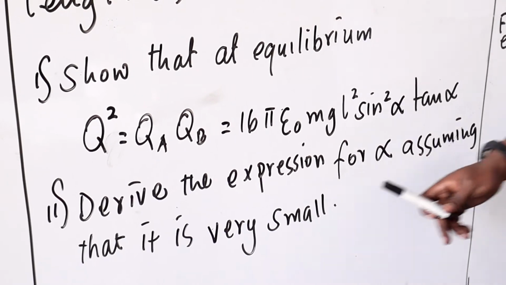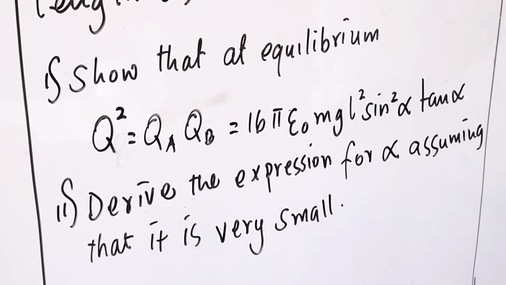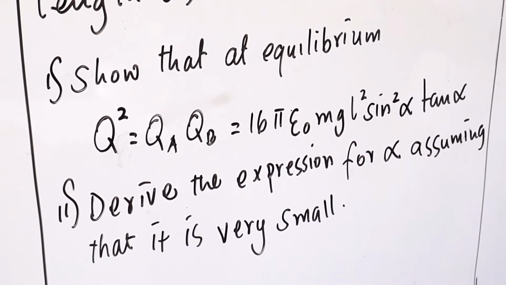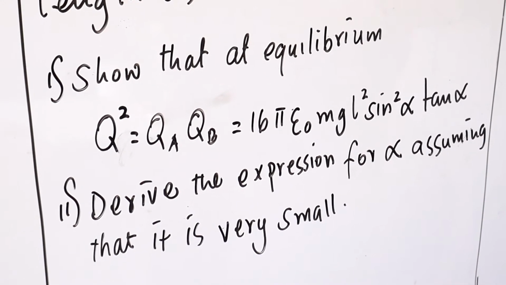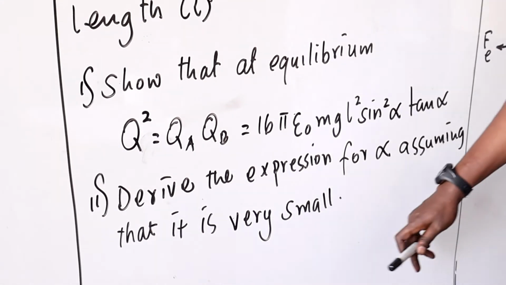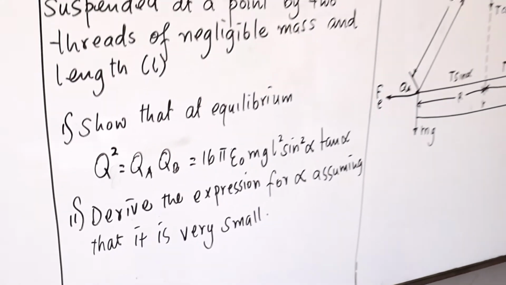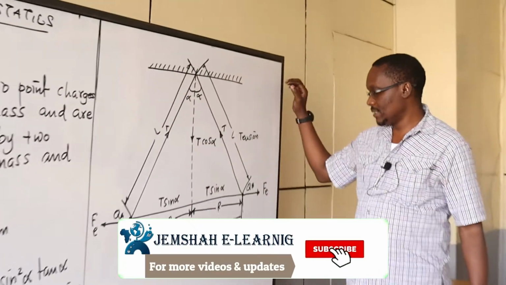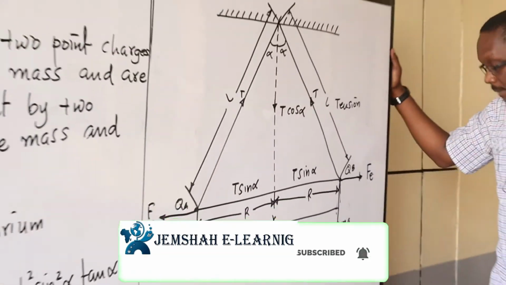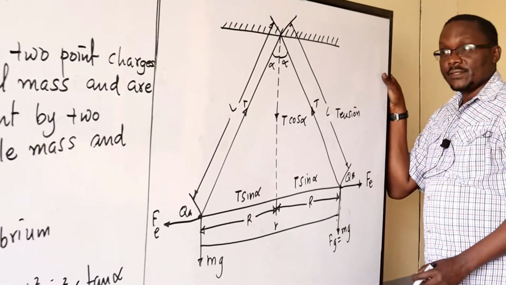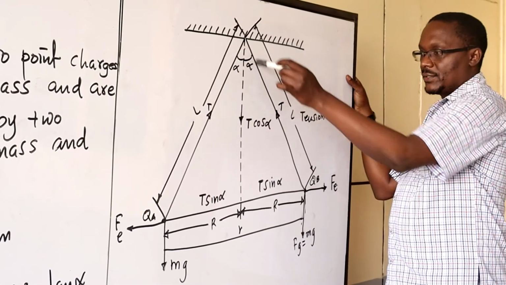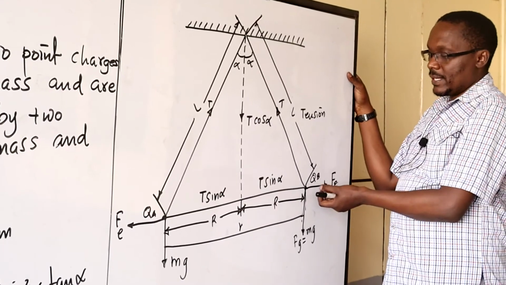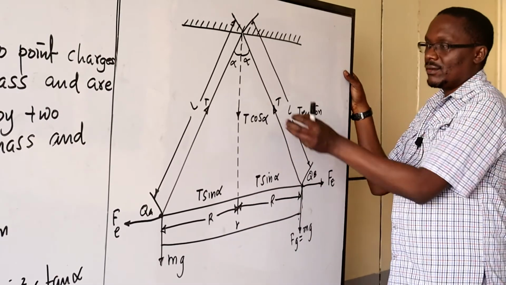Then Roman 2 of the equation, you're also told to derive the expression for alpha, assuming that it is very small. Now let us come to our figure and do some analysis on this figure of ours. There is tension caused by the mass on these charges.